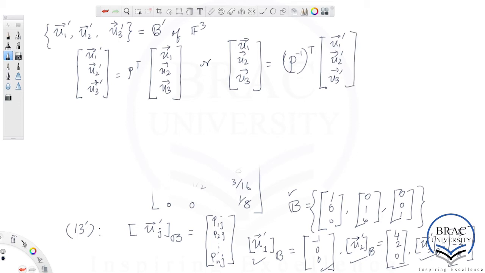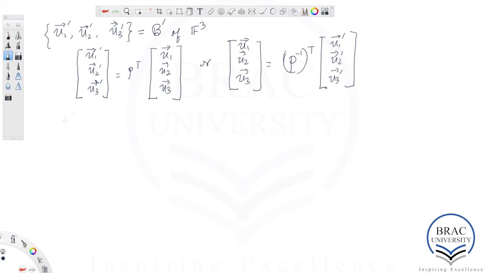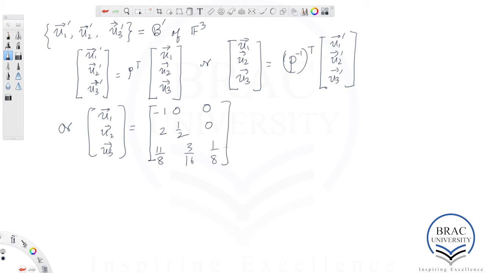Now, because we have the explicit expression of P inverse, which I left as an exercise for you to find, the column vector u1, u2, u3 can be expressed as the multiplication of this matrix, which is the transpose of P inverse, with 11 over 8, 3 over 16, 1 over 8, times the column vector u1 prime, u2 prime, u3 prime.